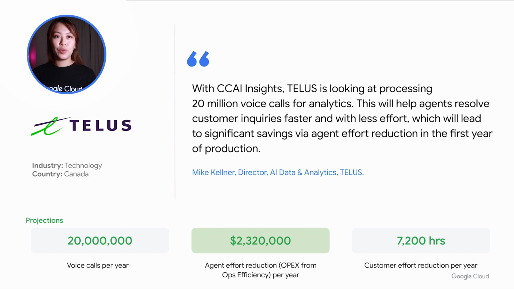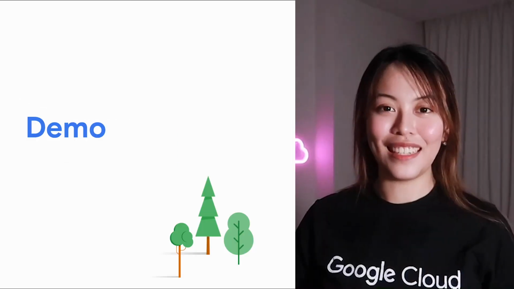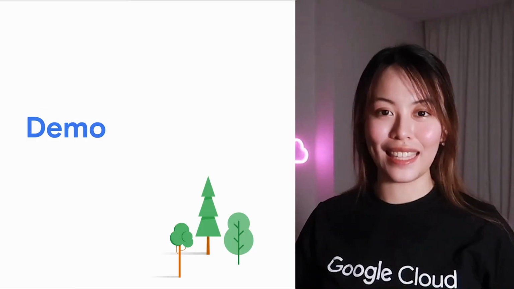This asset will be used to help drive multiple commercial outcomes, including the digital personalization use case and contact center analytic use cases. The result is so impressive. TELUS can reduce the customer effort for 7,200 hours per year and reduce agent effort for $2.3 million per year. Now, let's see a quick demo on CCAI Insights.